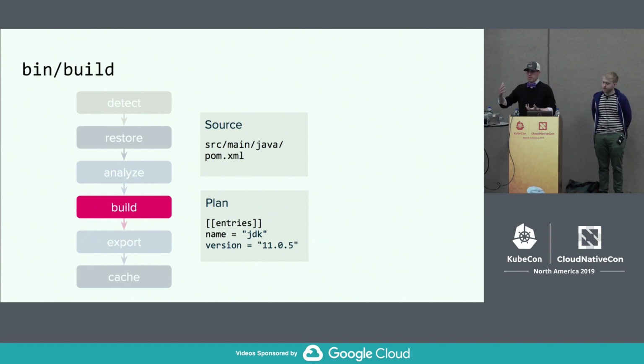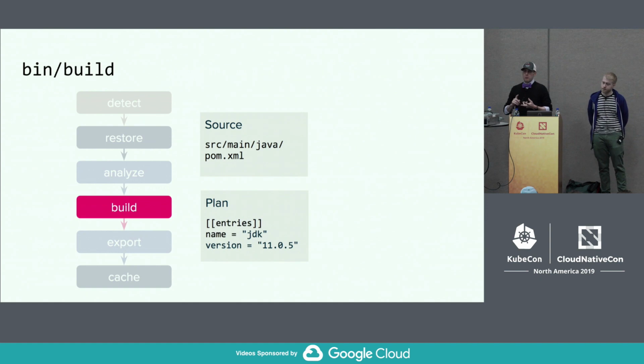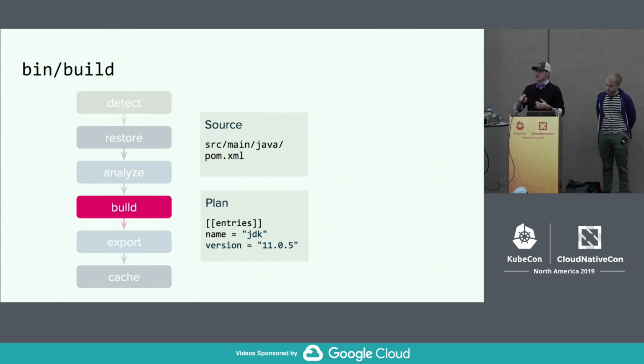So if we're running, for example, a Node.js build pack with our Java build pack, our resolved build plan might have a Node.js entry in it. So the build pack can look at that build plan to determine what it needs to install or what is available to it. So the heavy lifting of the bin build script is installing the JDK, running Maven, downloading your dependencies, compiling your code, and then producing those Java artifacts that represent the application.